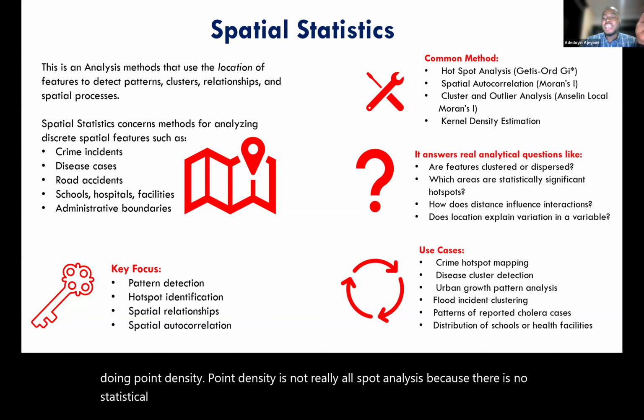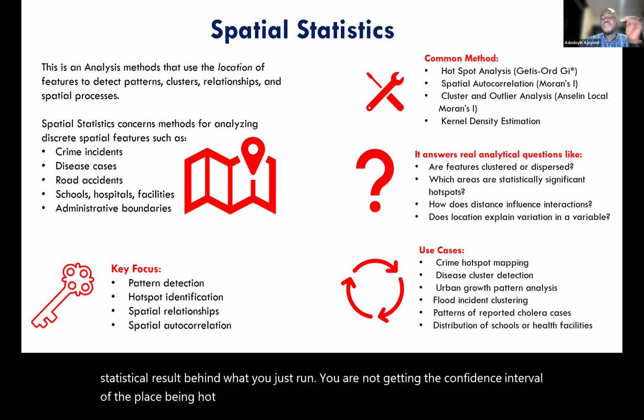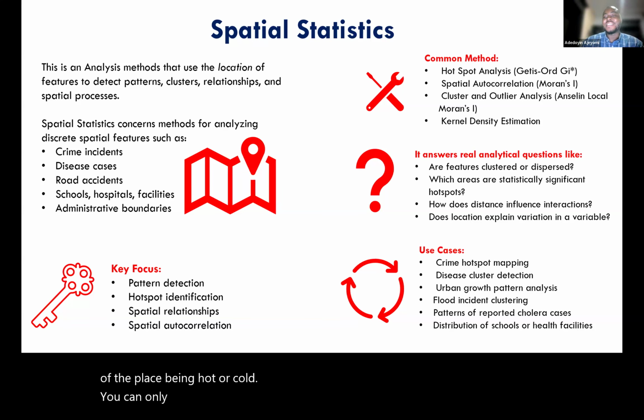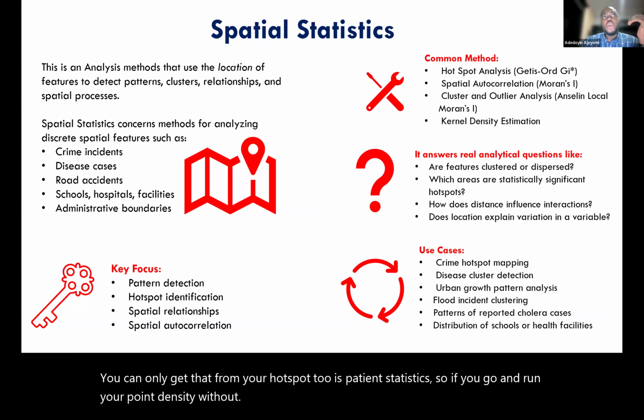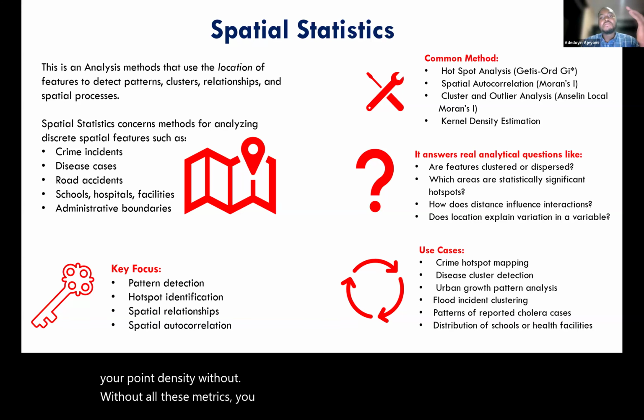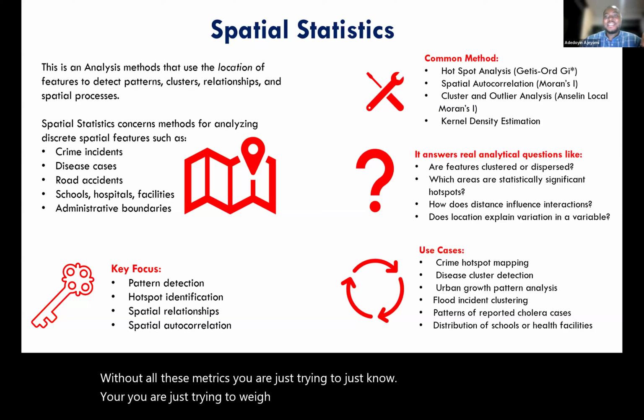You are not getting the confidence interval of the place being hot or cold. You can only get that from your hotspot tool, which is spatial statistics. So if you run your point density without all these metrics, you are just weighting your points. That's just what I can say about that.